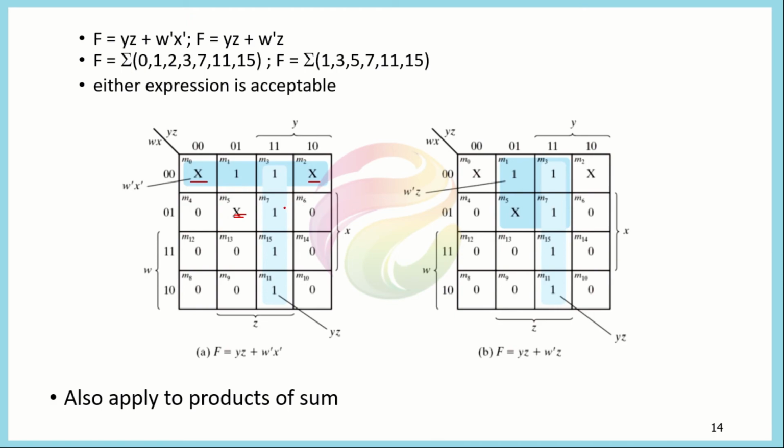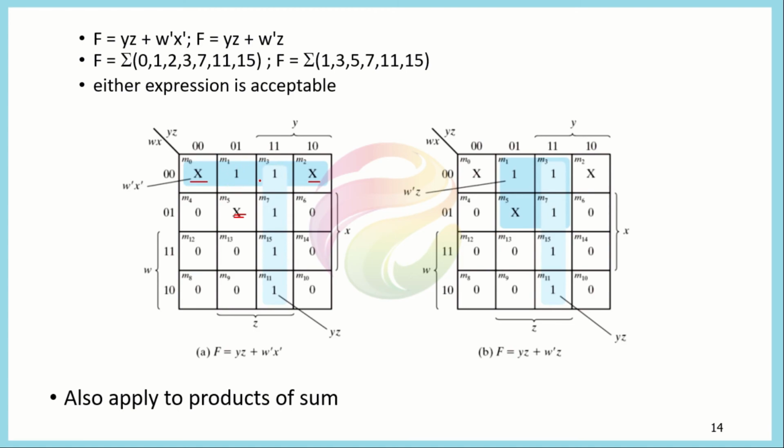Now when we are minimizing this K map, we can utilize this x as either 1 or 0 to minimize our circuit, because this x value is either 1 or 0, it doesn't affect the value of the output of the circuit. So we can utilize it to minimize our circuit if it is possible. So if we have combined the ones here, and we have 2 ones here, that would represent the function.